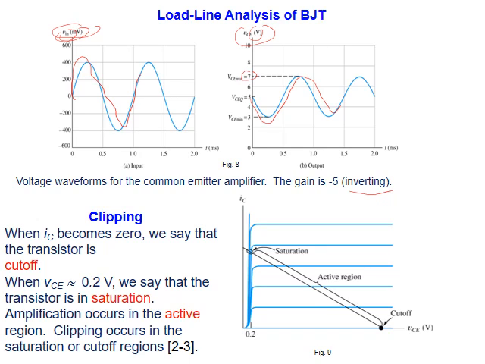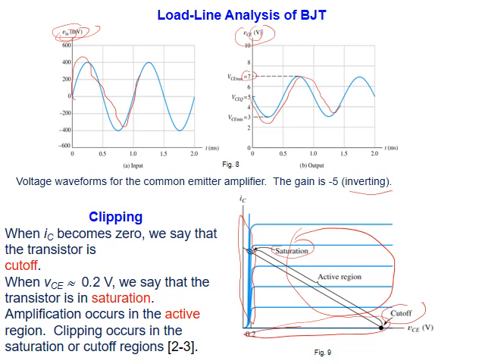Also, I would like to mention that our output characteristics contain 3 parts. This first part, when the current is 0 or small, we call it cutoff region. And this part, when current is large but voltage is small, we call it saturation region. Cutoff region, saturation region. And here is the active region.